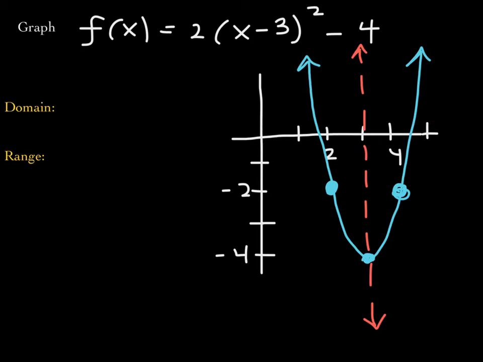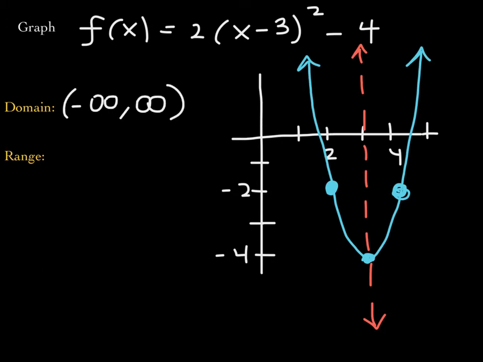As you go further left, this parabola is getting wider and wider, and if you zoomed out, you would see that it continues going left forever. So it'll be from -infinity all the way to, and then it's also doing the same behavior on the right. It's getting wider and wider, going forever to the right. So the domain for this quadratic function is -infinity to +infinity. In words, you would say it's all real numbers.